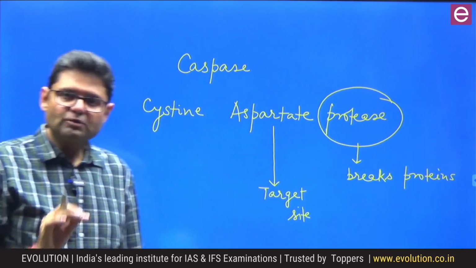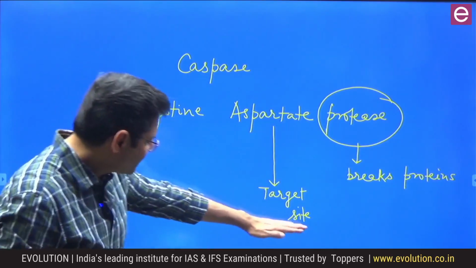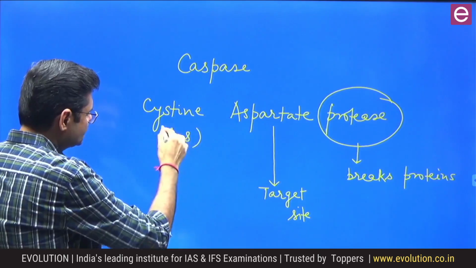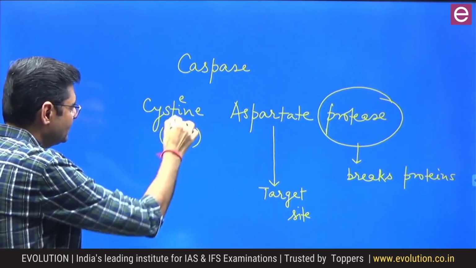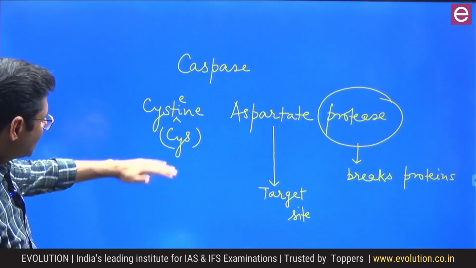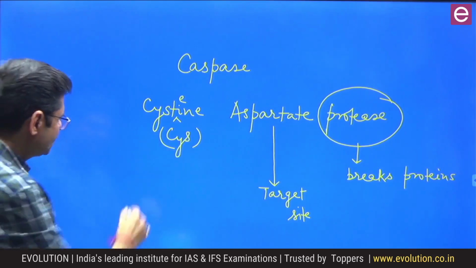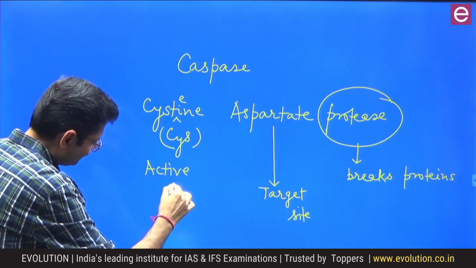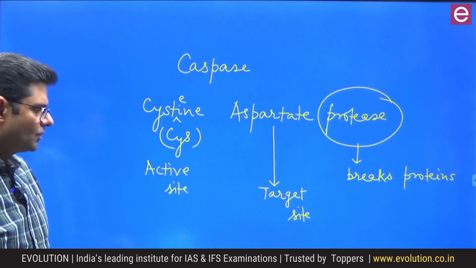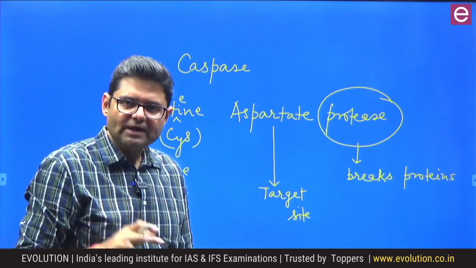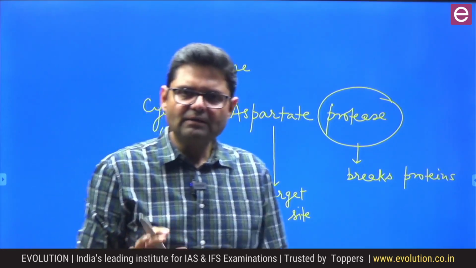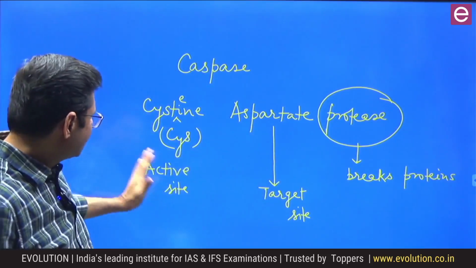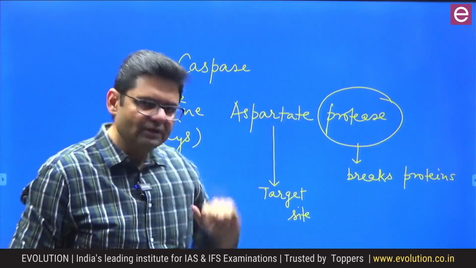Where the protein has to be broken down, that is where aspartate is going to be present. And the amino acid cysteine is going to be present, just add the E that I forgot. So the amino acid cysteine is present at the active site of the enzyme. Okay, so the active site of the enzyme contains cysteine and the cutting site contains aspartic acid. Hence, it is called cysteine aspartate protease.